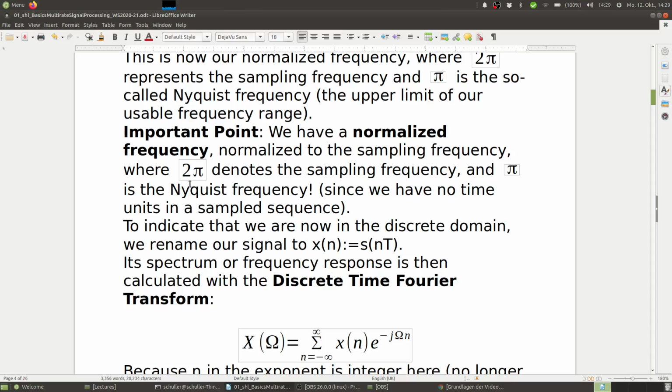All we need to worry about is pi and 2 pi, because these are Nyquist and the sampling frequency. And to indicate that we are now in the discrete time domain, we rename our signal to x of n, just having the lowercase integer index in what I should call the discrete time domain.